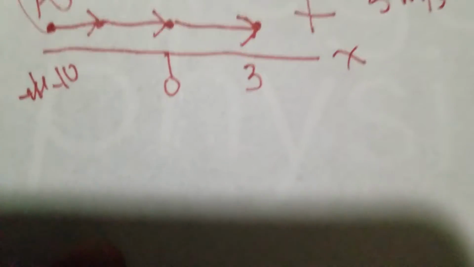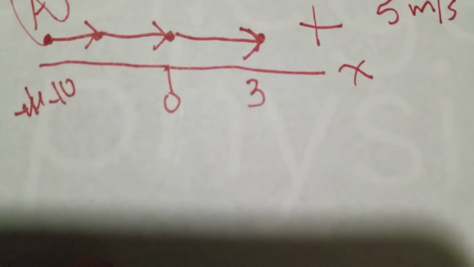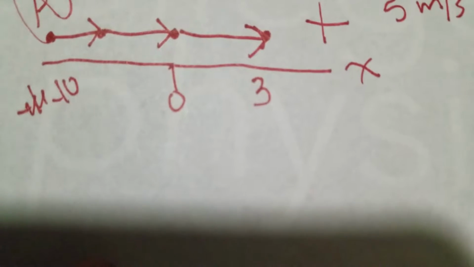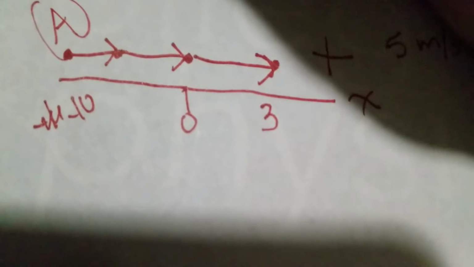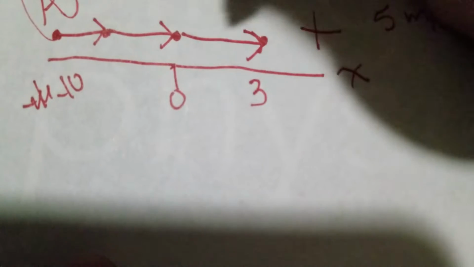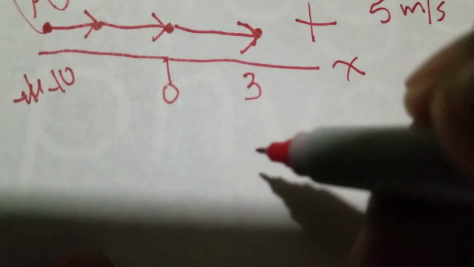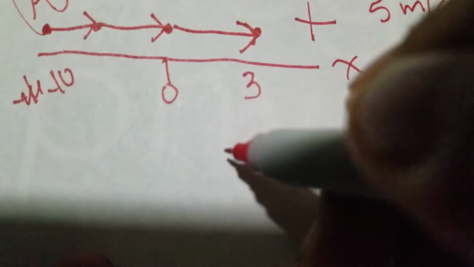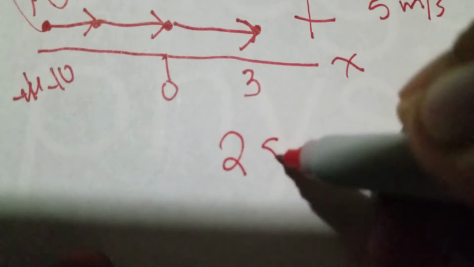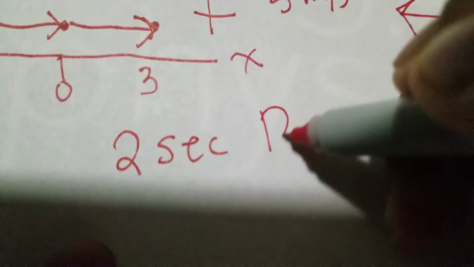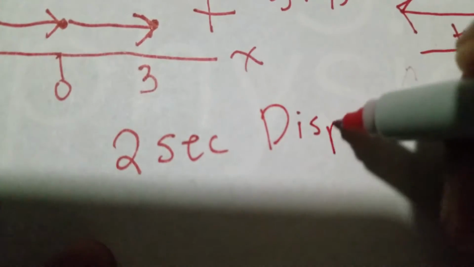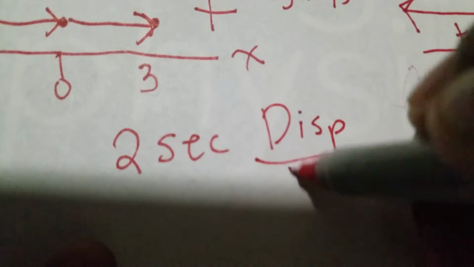So in this case, how can we prove that the velocity is indeed positive? Well, let's say that this object A went from a position of -10 to 3 in, let's just say, 2 seconds. And we know that velocity is displacement over time.